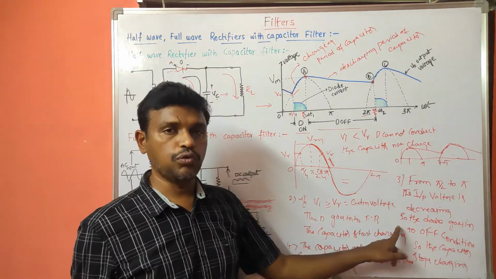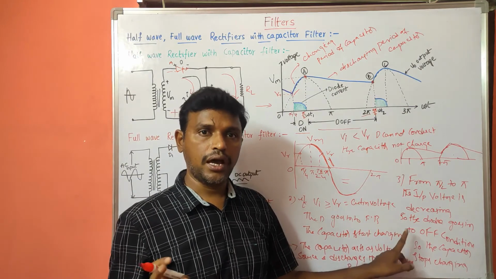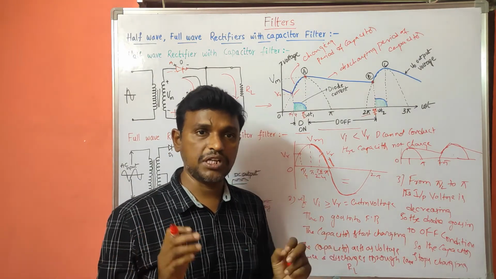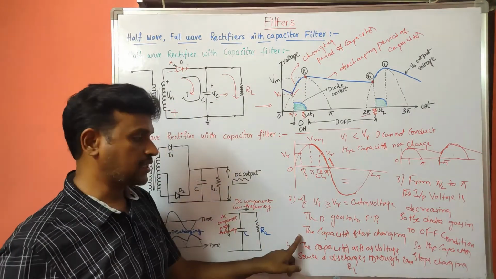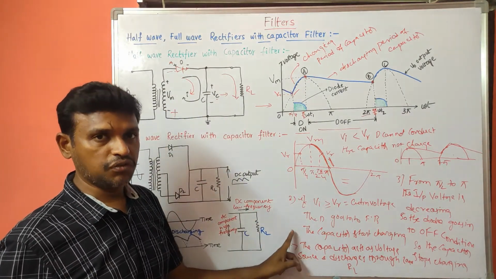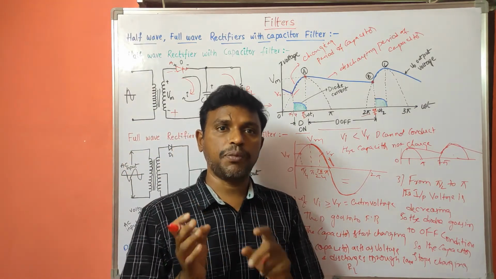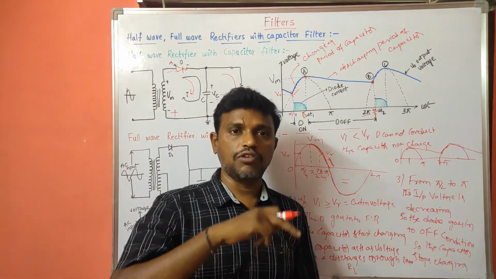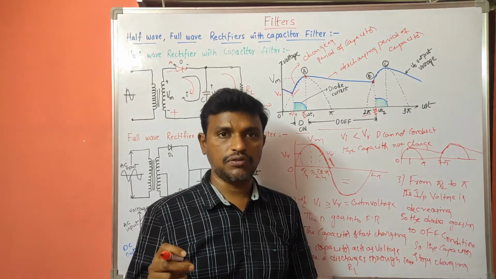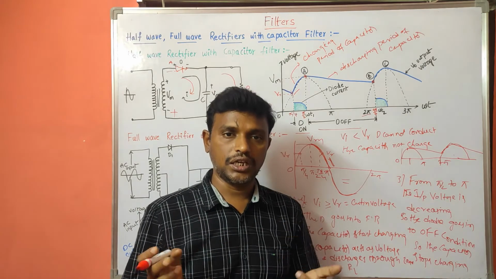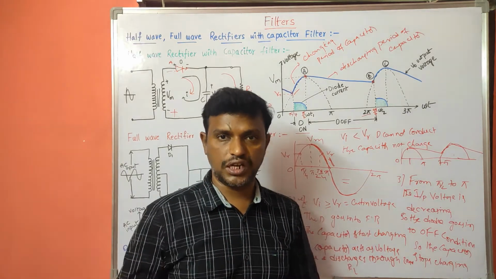Therefore, the diode goes to the off condition and no current will flow. The capacitor starts discharging. That means at that point, the capacitor will act as a voltage source and it will discharge. That process will continue because for every pi radians, one positive half cycle will be obtained at the output of the half-wave rectifier. So at that point the charging and discharging will take place here.